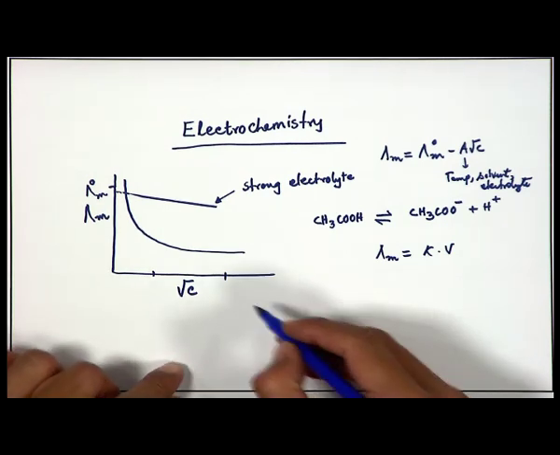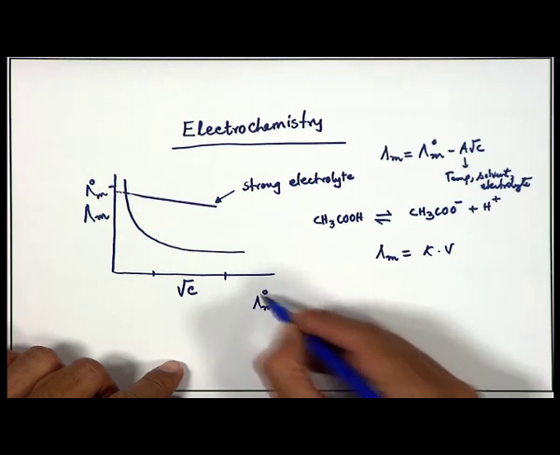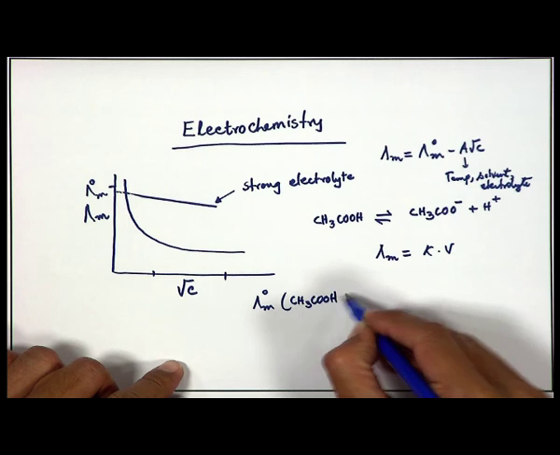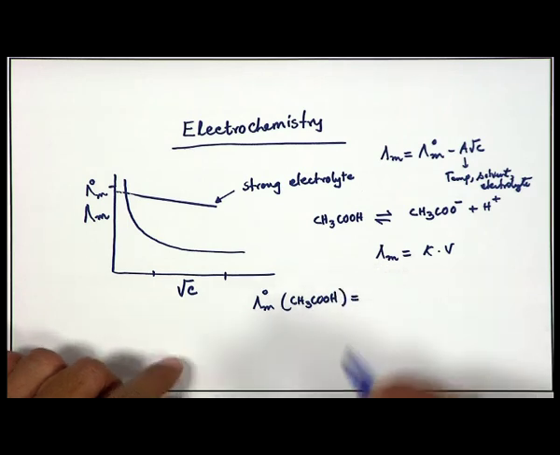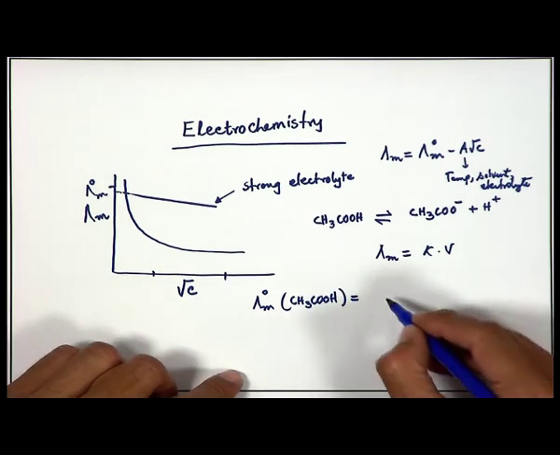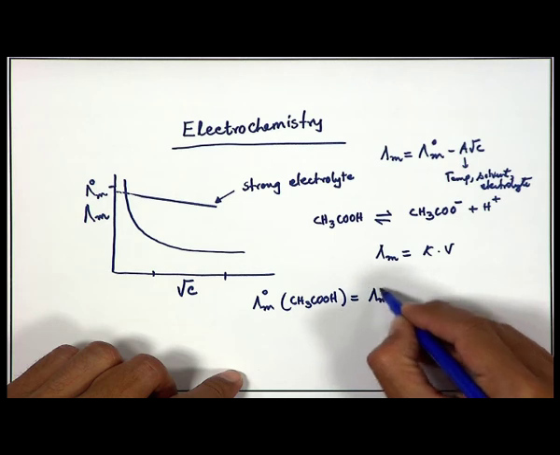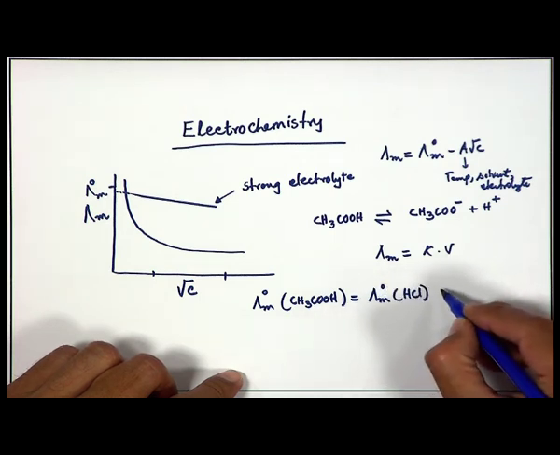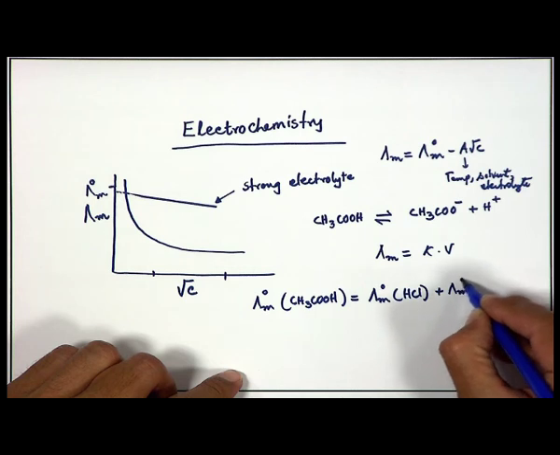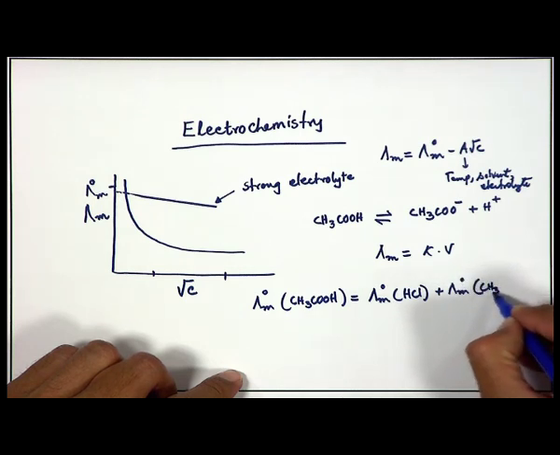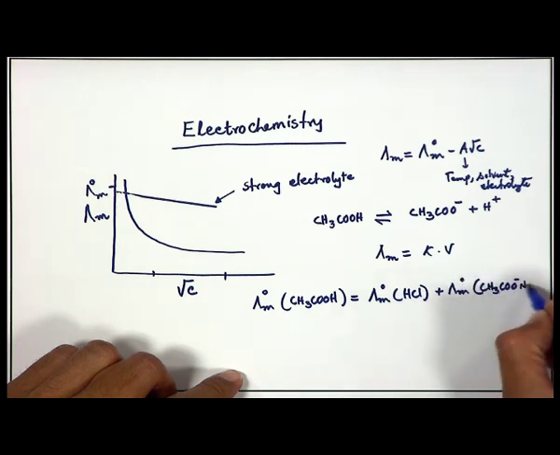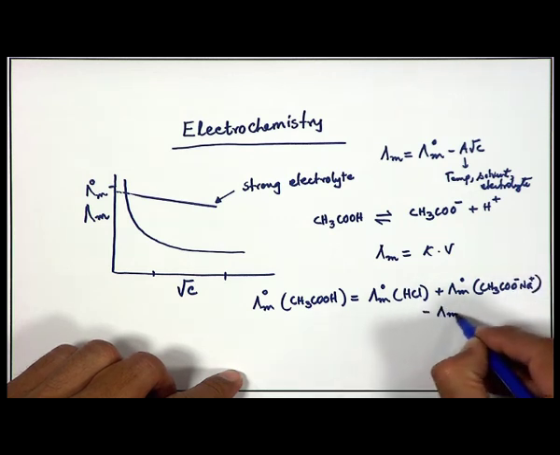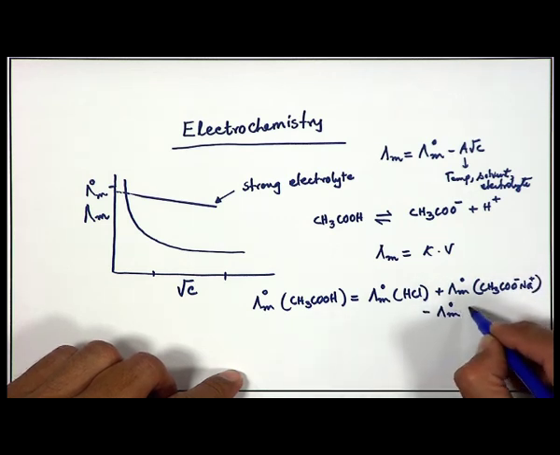How to find out this lambda m 0 for CH3COOH. You can find it out by means of this expression: lambda m 0 HCl, plus lambda m 0 CH3COO minus Na plus, and minus lambda m 0 sodium chloride.